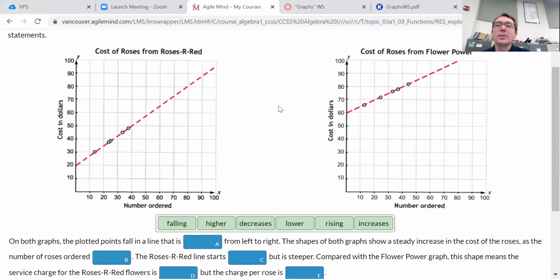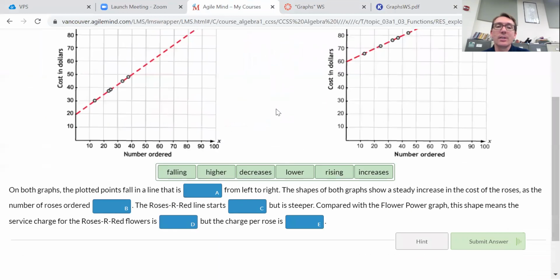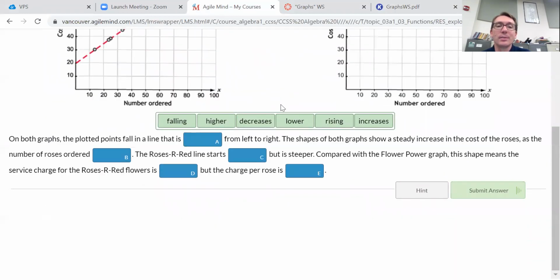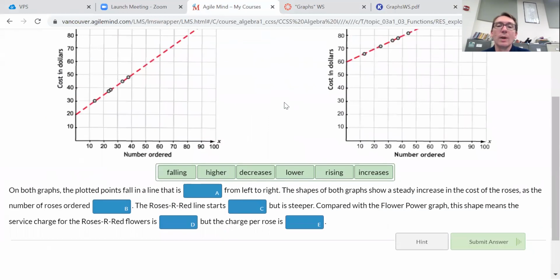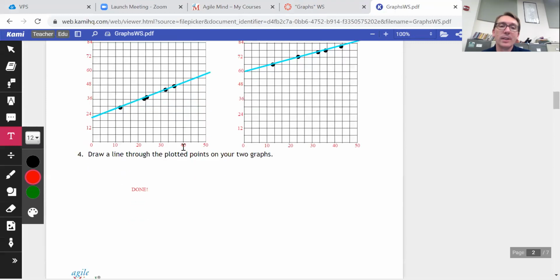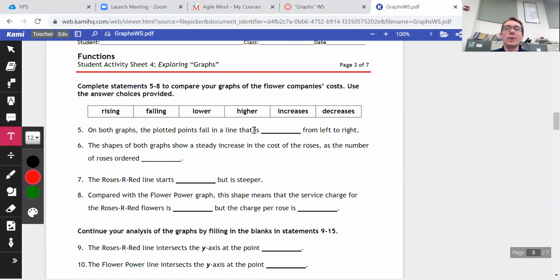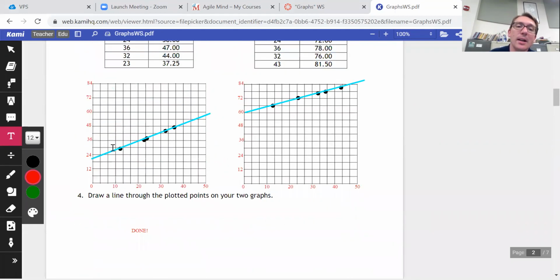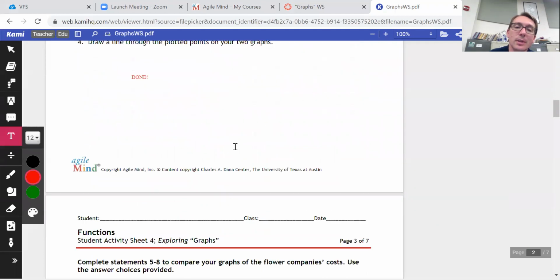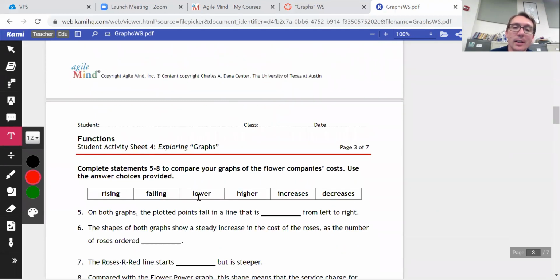Now you can solve a puzzle, finding similarities and differences. Let's figure out on both graphs, they what? Okay, we're going to use some new vocabulary. So these are the graphs we're talking about. So both graphs, the plotted points fall in a line that is what from left to right? What's happening to the line as it goes from left to right? Is it rising, falling, lower, higher, increases, and decreases?